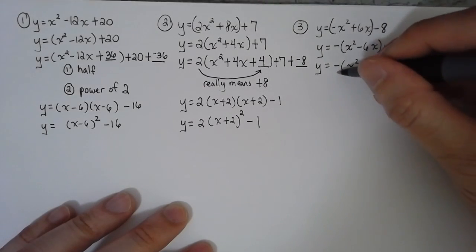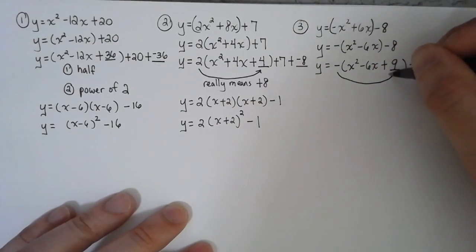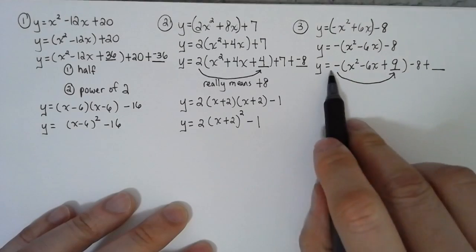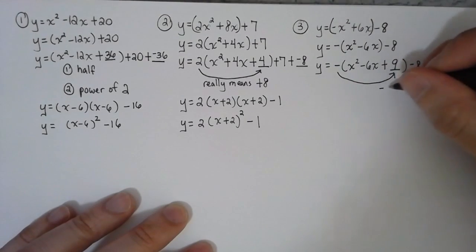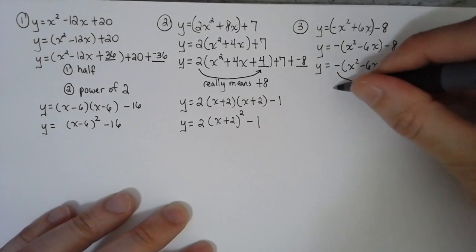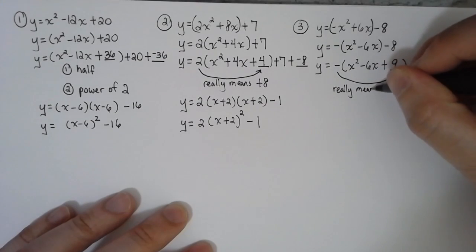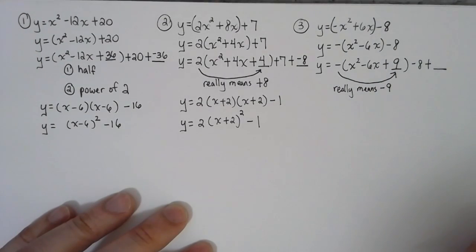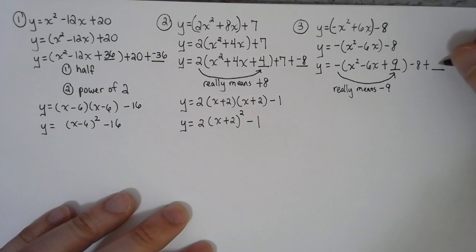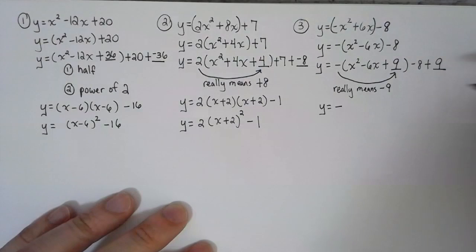And once again, you must distribute to see what it actually means. So negative times 9 is negative 9. So it really means negative 9, or subtract 9, which we need to counter by adding a positive 9.